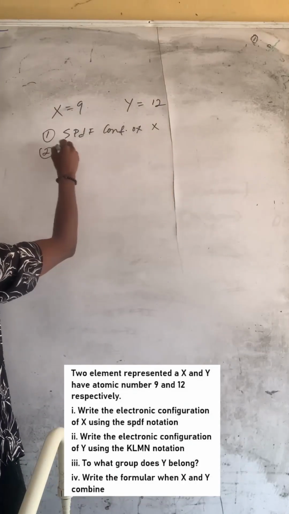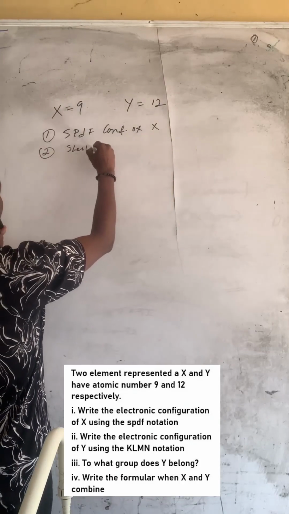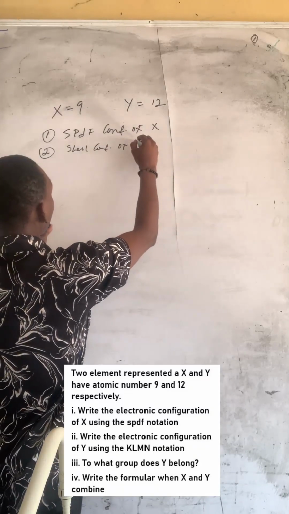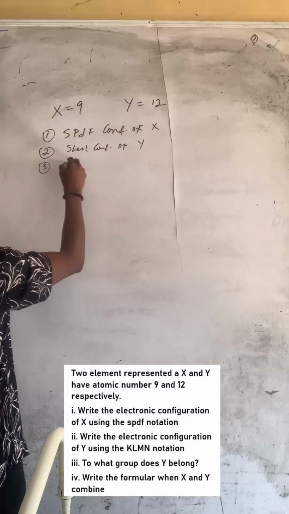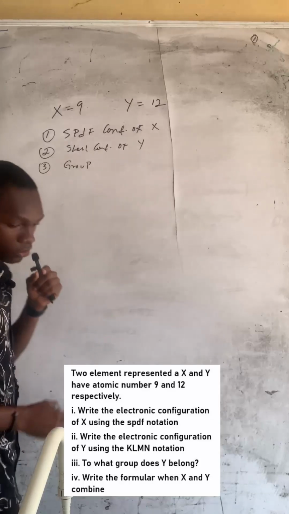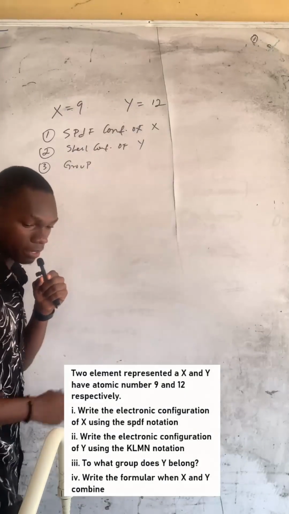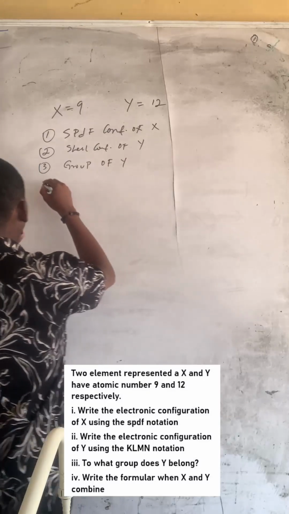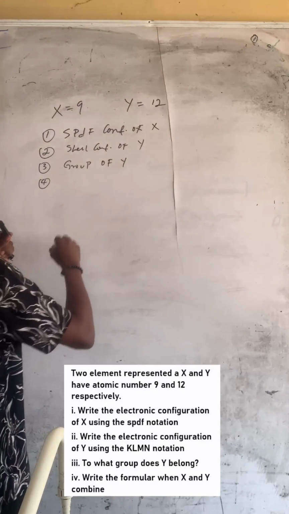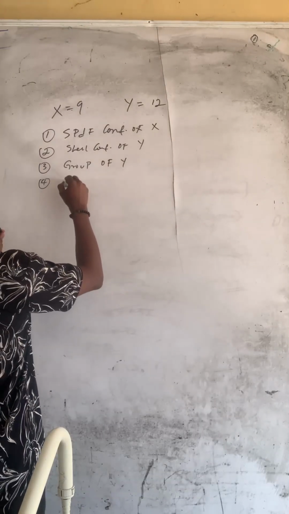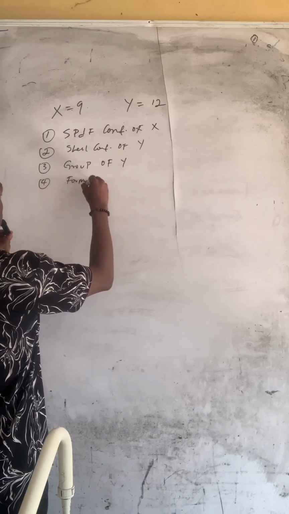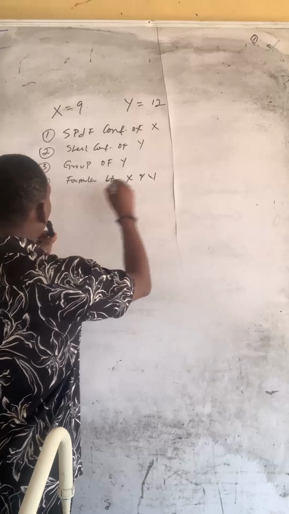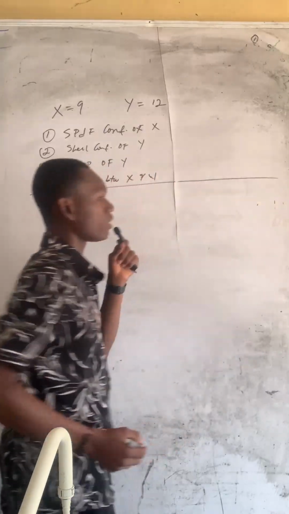Question 2, we are asked to write the shell configuration of Y. Number 3, we are asked what group does Y belong to, right? Group of Y in the periodic table. And lastly, we are asked to write the formula between X and Y. Now let's take them one after the other.